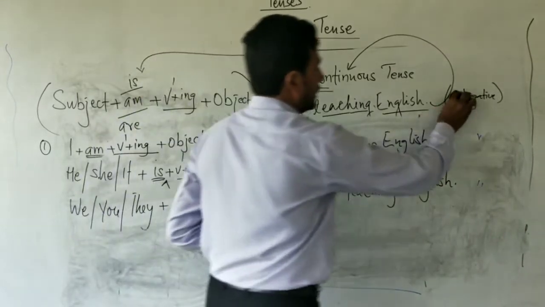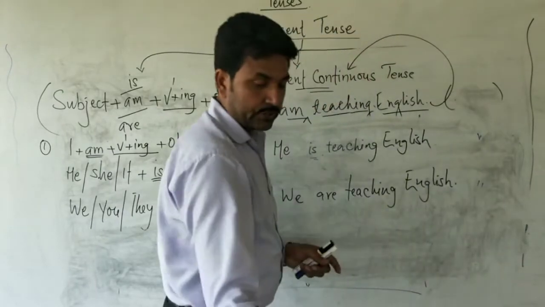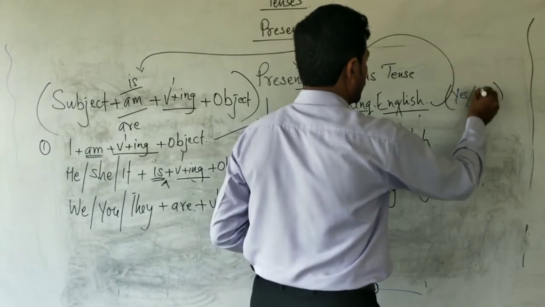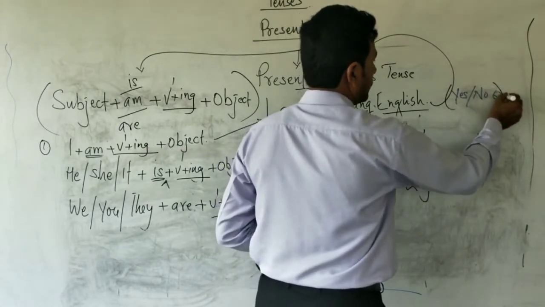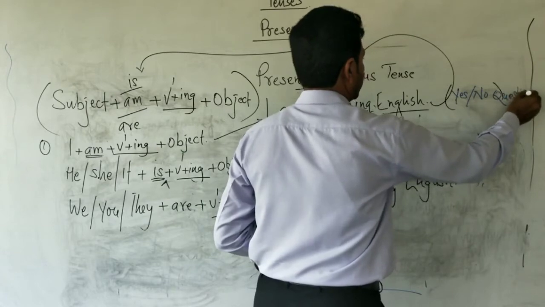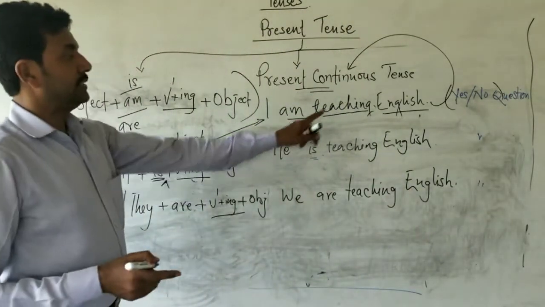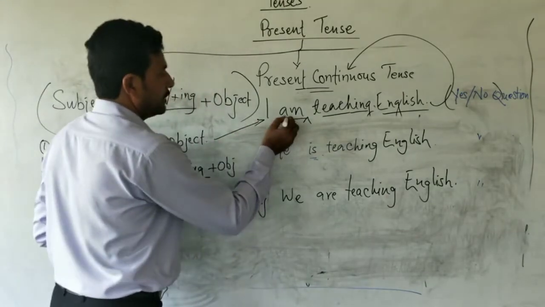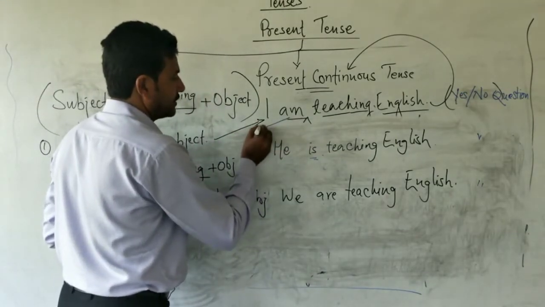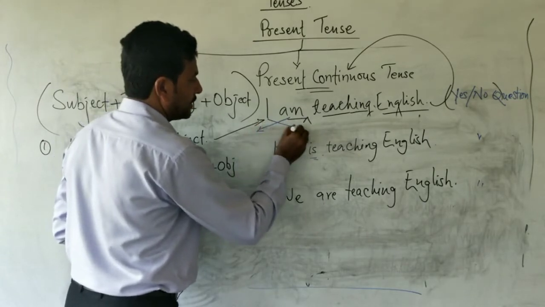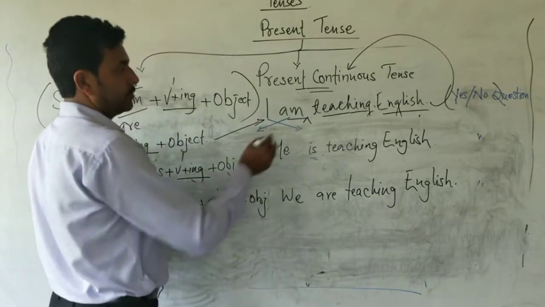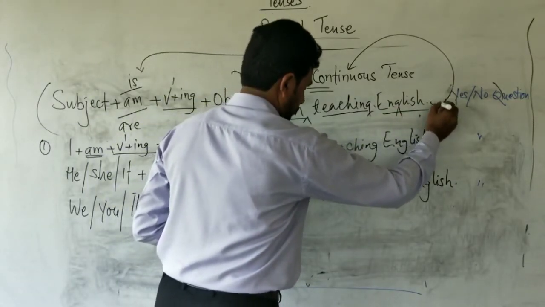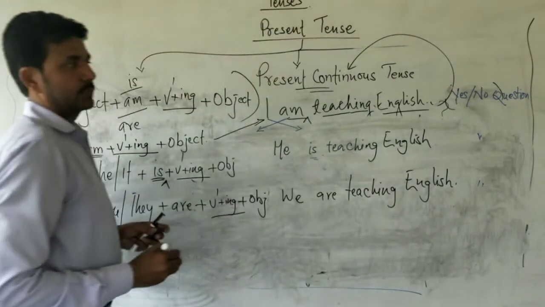And this will become a yes-no question. Yes-no question means you can give the answer to this type of question as yes or no. What you have to do is just bring the auxiliary verb here and the subject after it, and this will become a yes-no question, and you have to use a question mark.